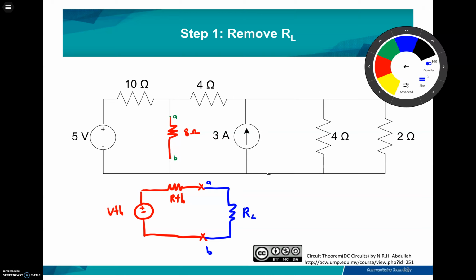Therefore, you need to find the I8 that flows through the RL. So RL will be the R load. After you determine the V Thevenin and R Thevenin, then you can find the I8 which flows through the RL 8 ohm.